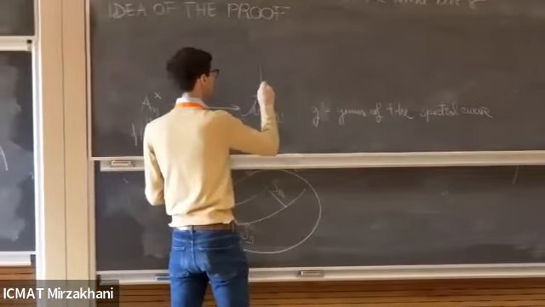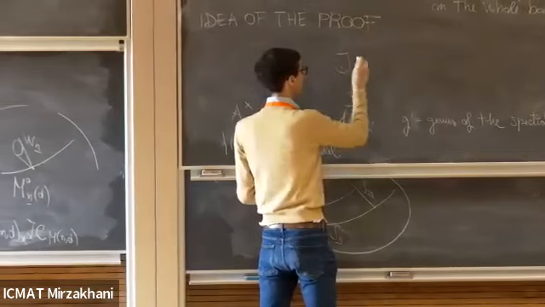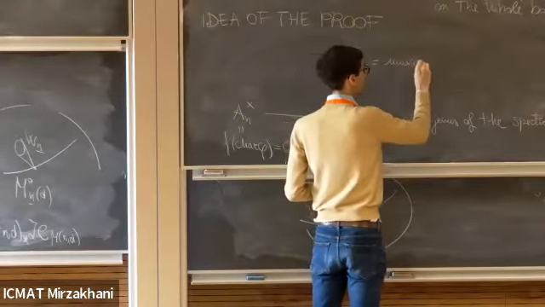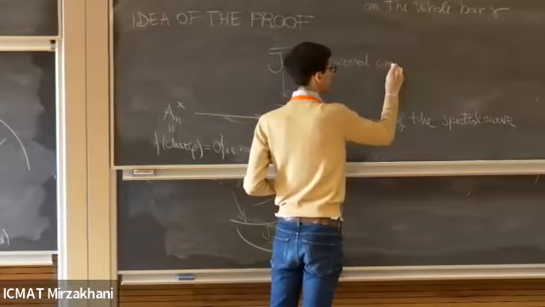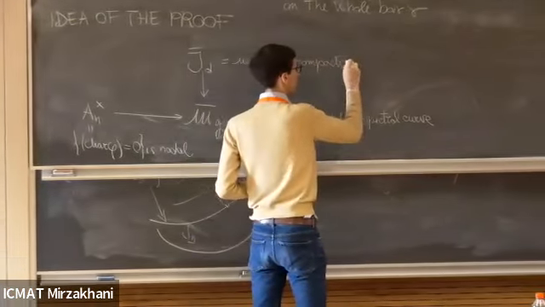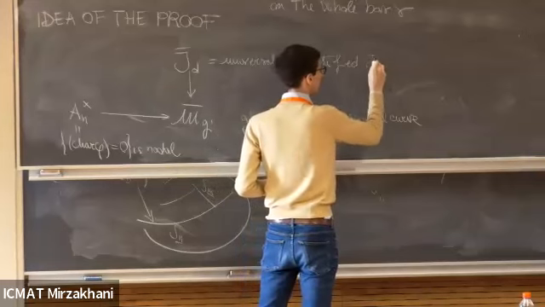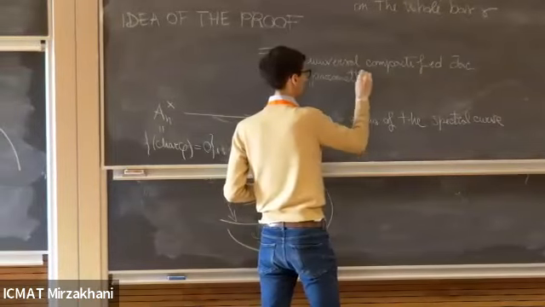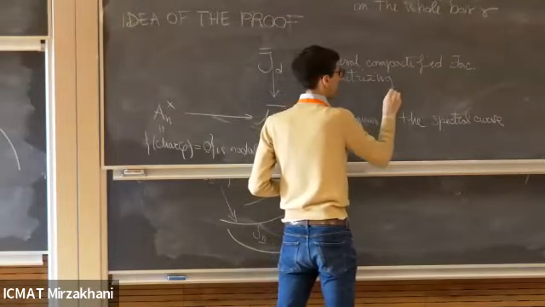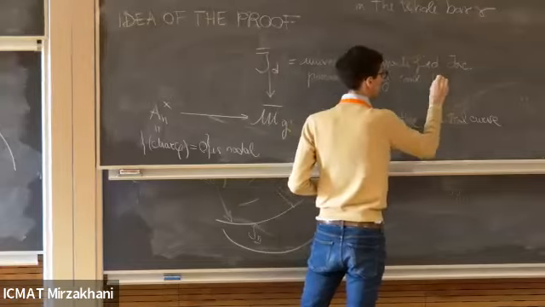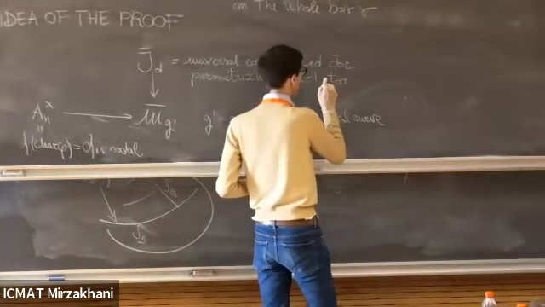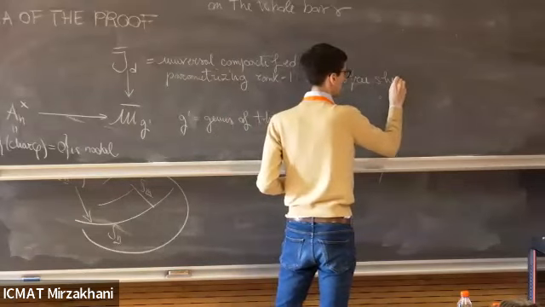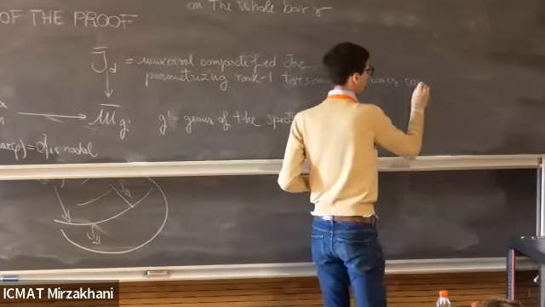On top of this space, I have a universal compactified Jacobian parametrizing rank 1 torsion-free sheaves on the universal curve.